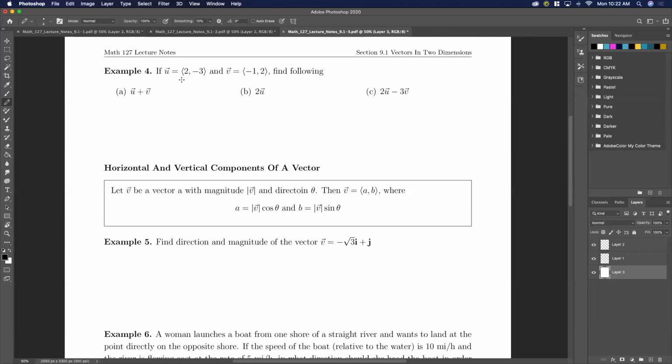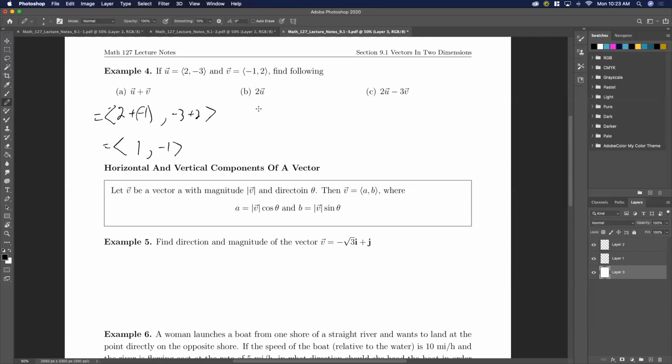All right, so let's do this. Here, if I have 2 vectors, find the following. If I want to add up 2 vectors, u plus v is going to equal, you just take each of the components, 2 plus -1, comma, -3 plus 2. And if I do that, I'm going to get 1, -1.